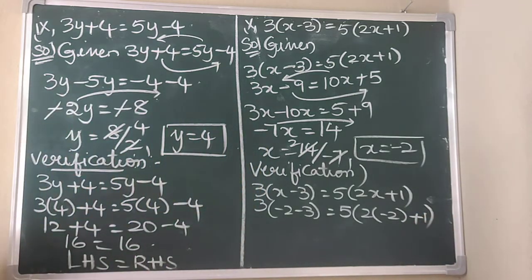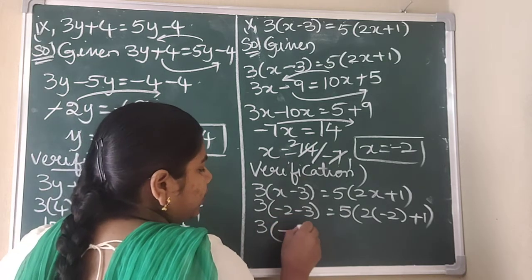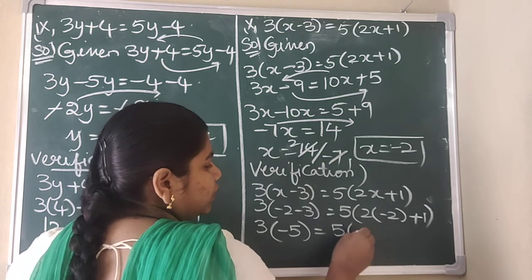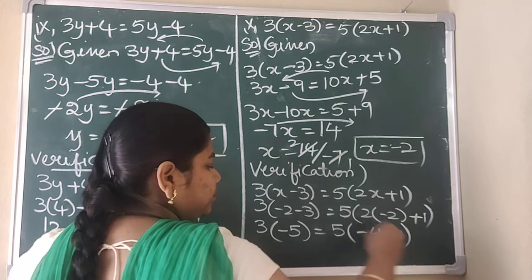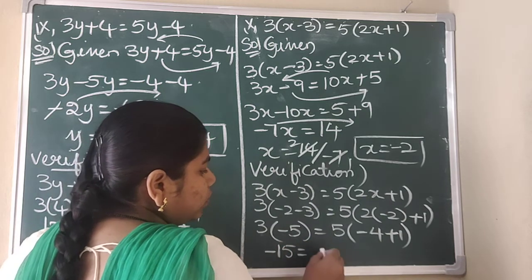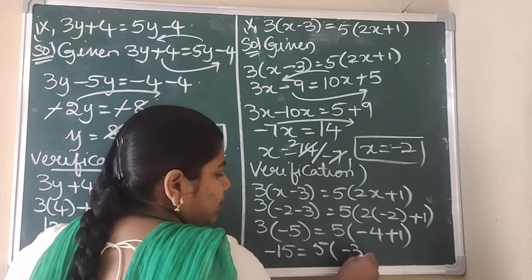Okay. So 3 into minus 2 minus 3 will be minus 9 equals to 5 into 2 twos are 4, that is minus 4 plus 1.